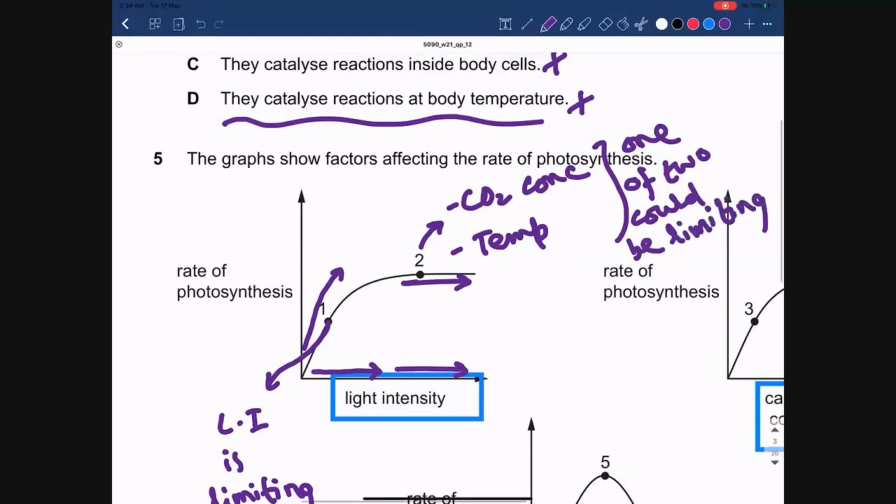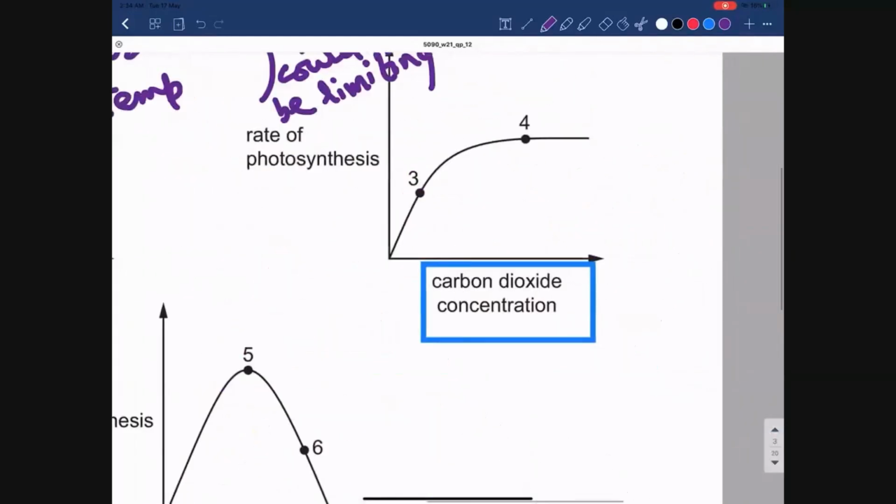Okay, let's move on to this graph. So on x-axis, we have carbon dioxide concentration, and on y-axis, we have rate of photosynthesis. So if we talk about point 3, so if we are increasing carbon dioxide concentration, at point 3, what happens? Rate of photosynthesis also increases. This means by increasing carbon dioxide concentration, rate of photosynthesis increases.